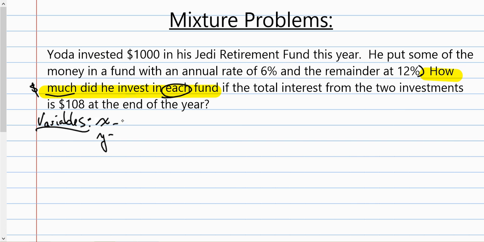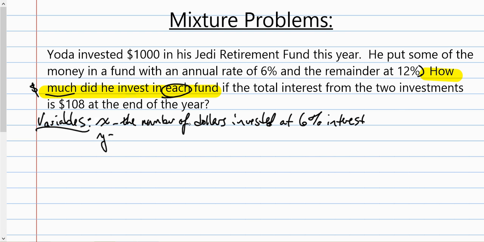So X will be the number of dollars invested at 6% interest, and Y would be the number of dollars invested at 12% interest.